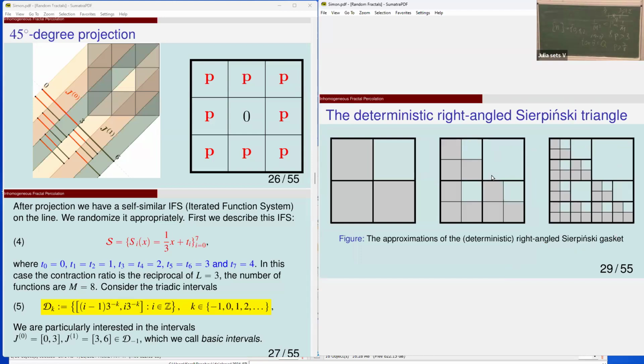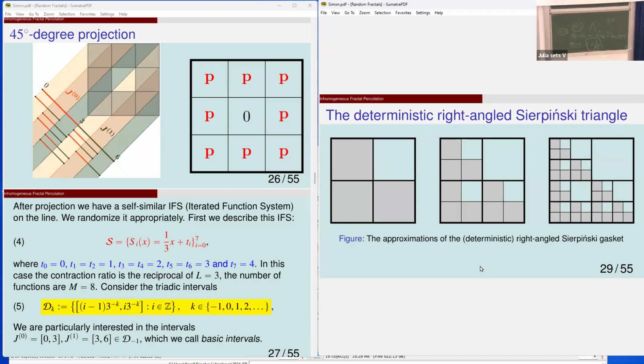So this was one example, and I would like to show you the deterministic right angle Sierpinski triangle. This is also a similar carpet. We always kill the right top corner. So this is the deterministic one. We do not choose; in the Sierpinski carpet, we killed the central one.